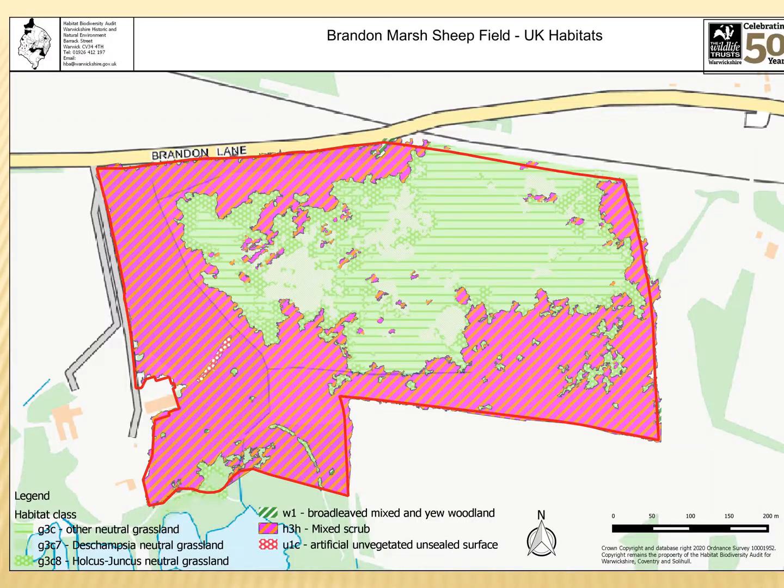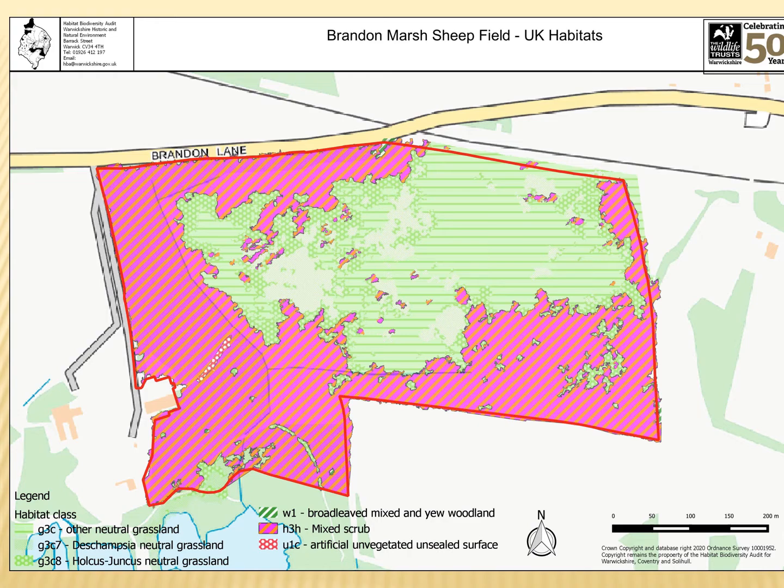So the final mapped example here of UK habitat mapping is Brandon Marsh Sheepfield, a local wildlife site that has deteriorated through neglect and has become scrubbed over considerably.